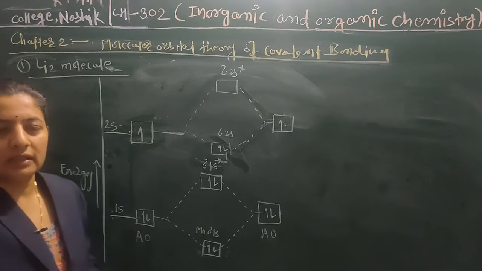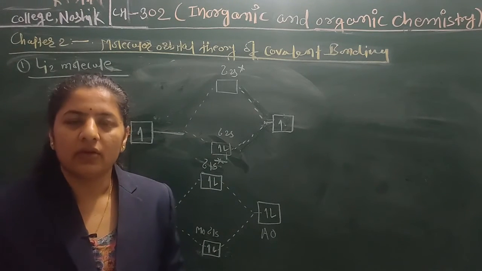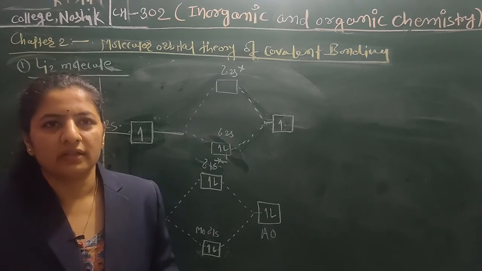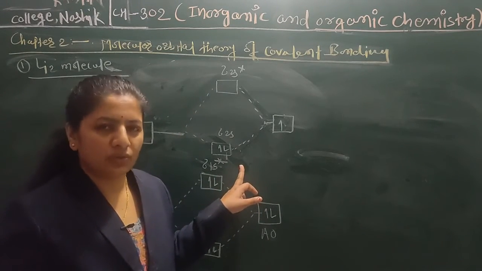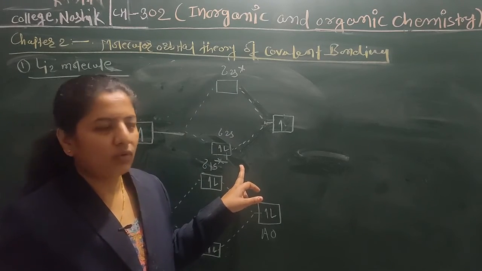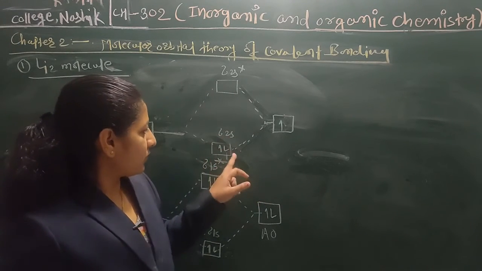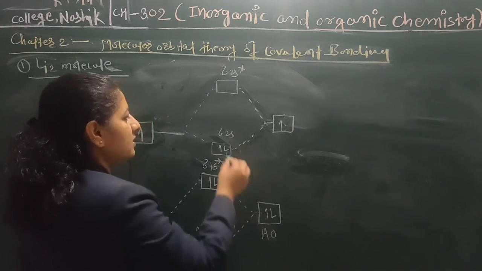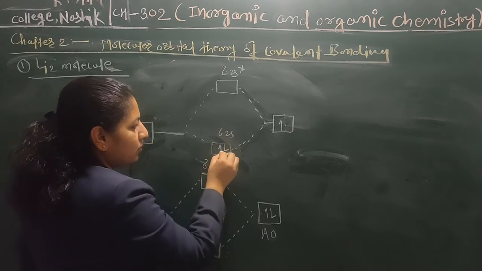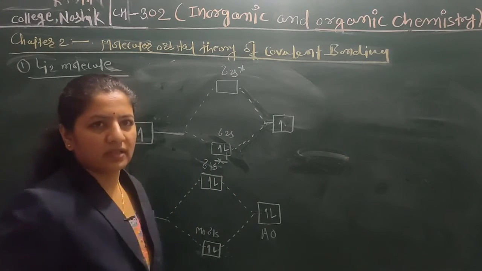Now what about the degeneracy or the energy level? The 2s orbital of one lithium combined with the 2s orbital of another lithium forms the sigma 2s orbital, which contains one bonding and one anti-bonding molecular orbital. So these are 2 electrons, and that's why the 2 electrons are here in sigma 2s.